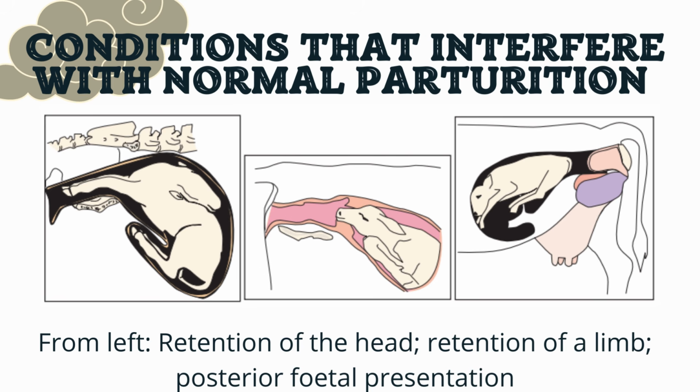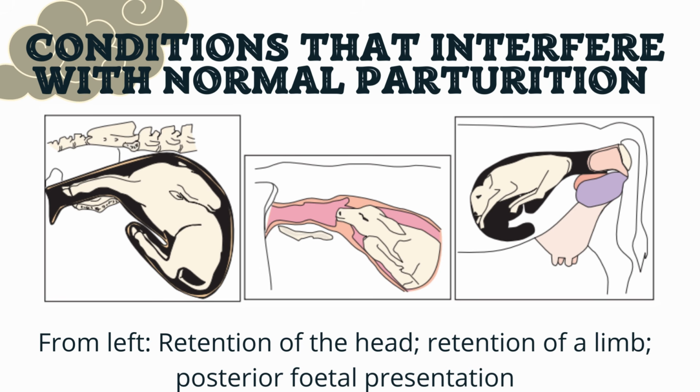Now, if you look at these three diagrams again. Remember I said that the normal presentation of the birth process is the head and the forelegs first, then the abdomen and the hind legs last. If you look at the last one, yes, the forelegs are there, but the head is facing the other direction.